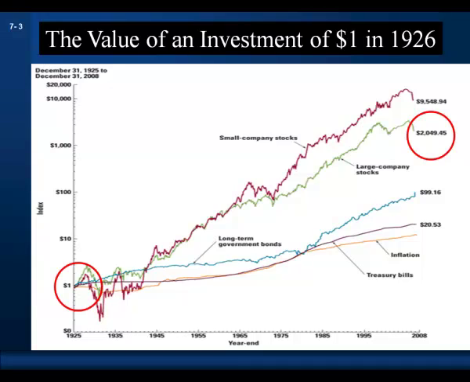An arithmetic average return of 11.7%. Investing in common stock over that investment period is equivalent to earning 9.6% per year. The return you would expect to earn in any given year over that 83-year period is 11.7%.